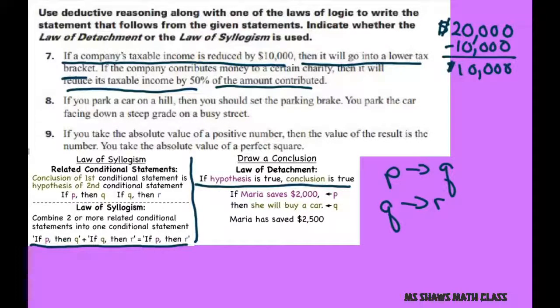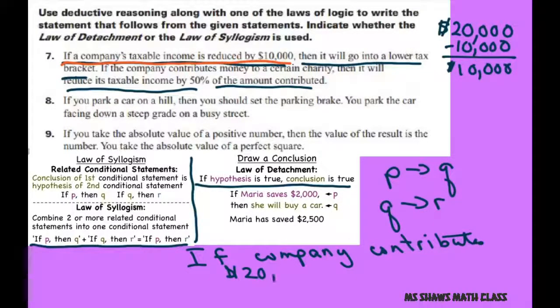So just write this down here. If I'm going to shorten this: the company contributes $20,000, then it'll go in the lower tax bracket.